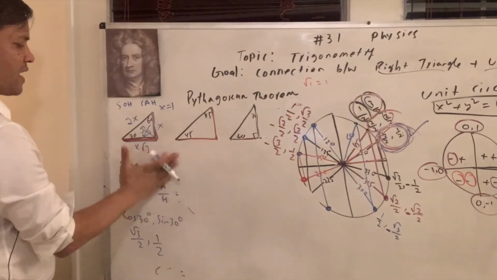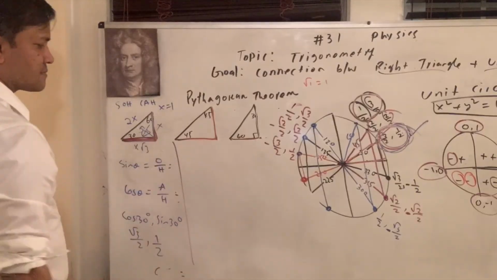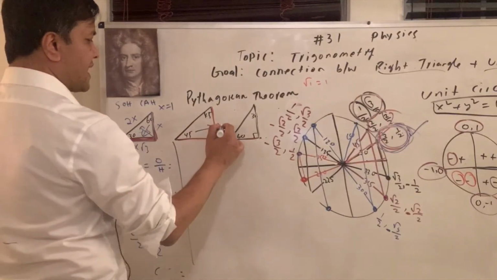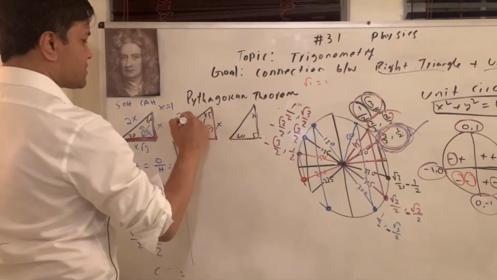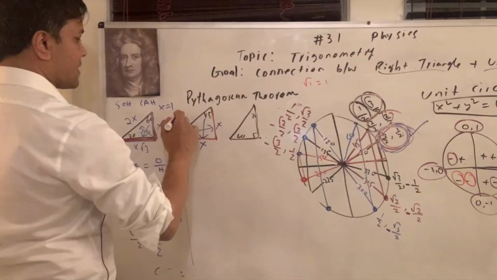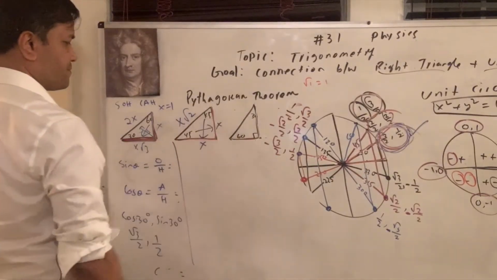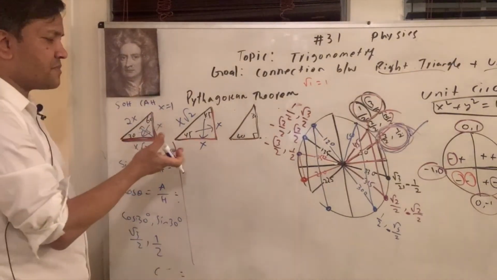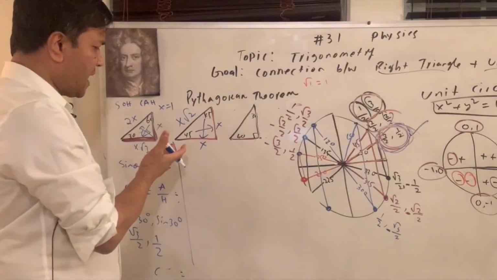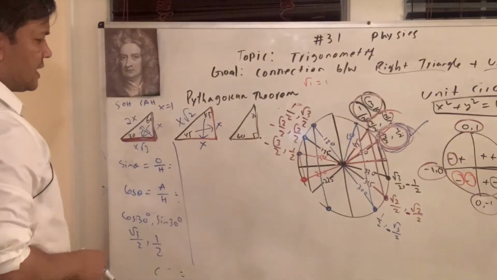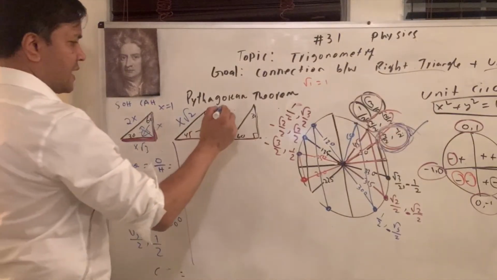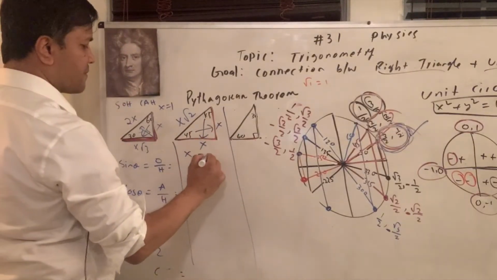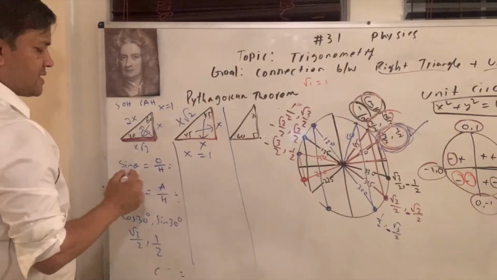Let's put the 45, 45, 90. This is x, this is x, this is x root 2. Alright, this one was given by Hippasus. And we're going to say let x be 1. Alright, so what is the sine theta?